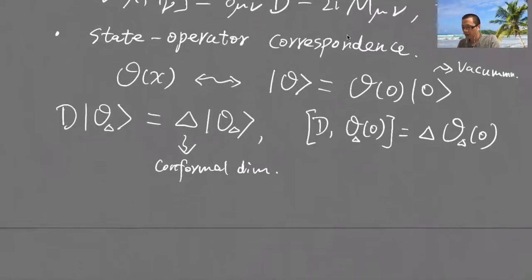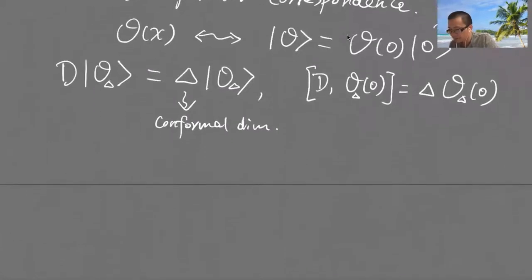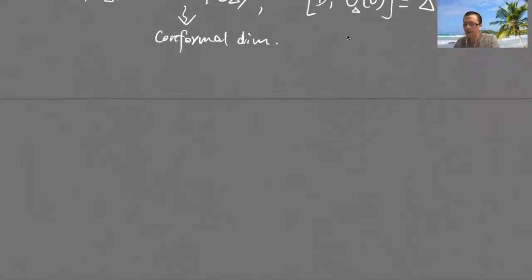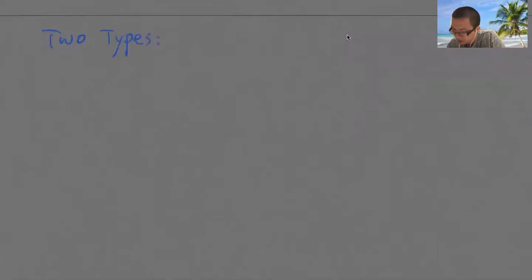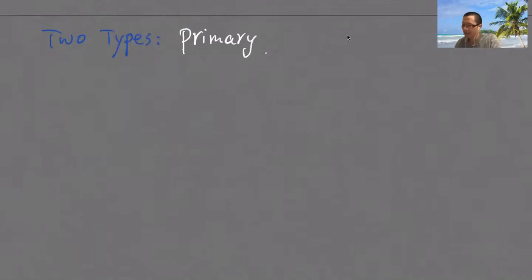Those operators and states can be separated into two classes. There are two types. One is called primary operators, or primary states. The other is called descendants.